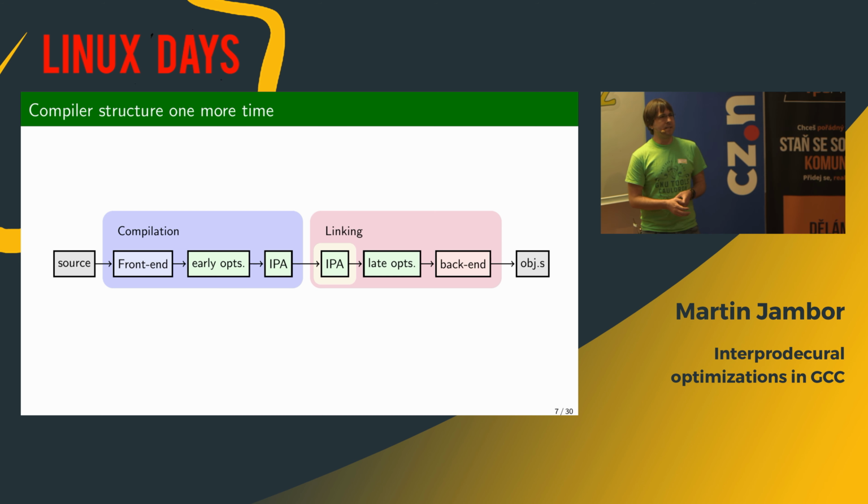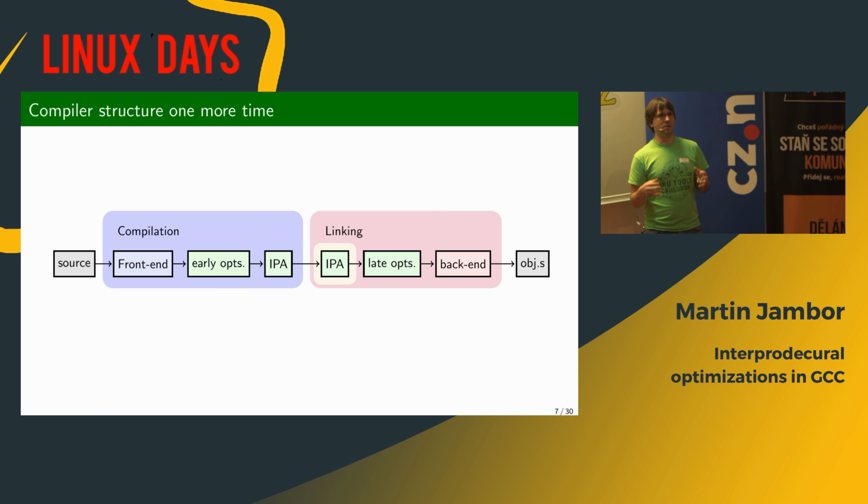Then there are bits that are called early optimizations. Now, early optimizations already work quite hard to lower the level of abstraction of a program so that the inter-procedural optimization and inter-procedural analysis has an easier time understanding what happens in your functions.